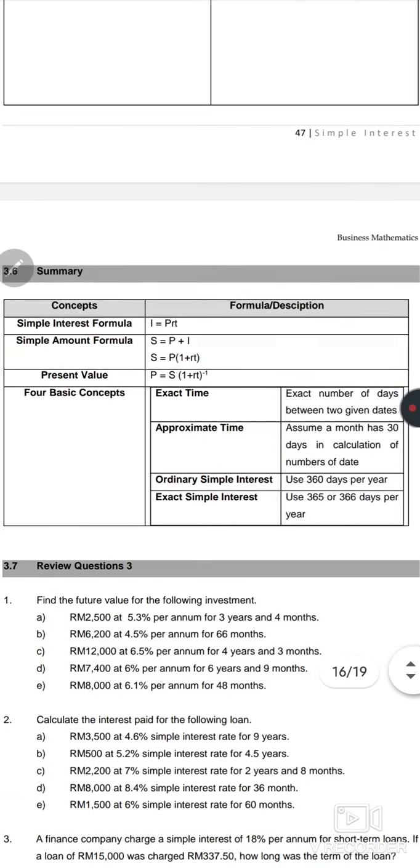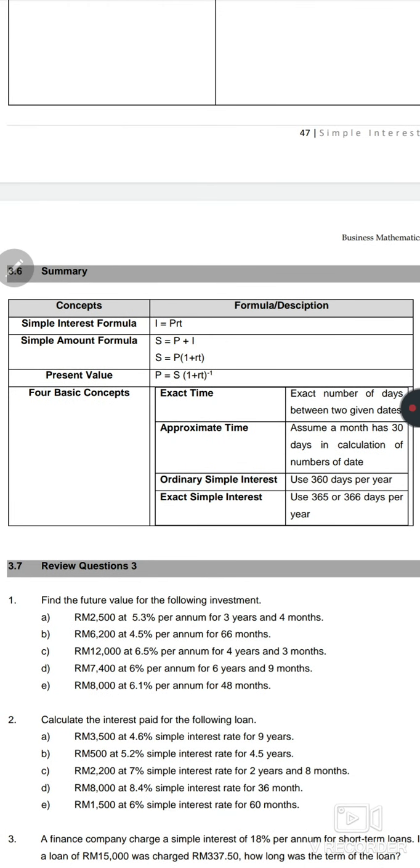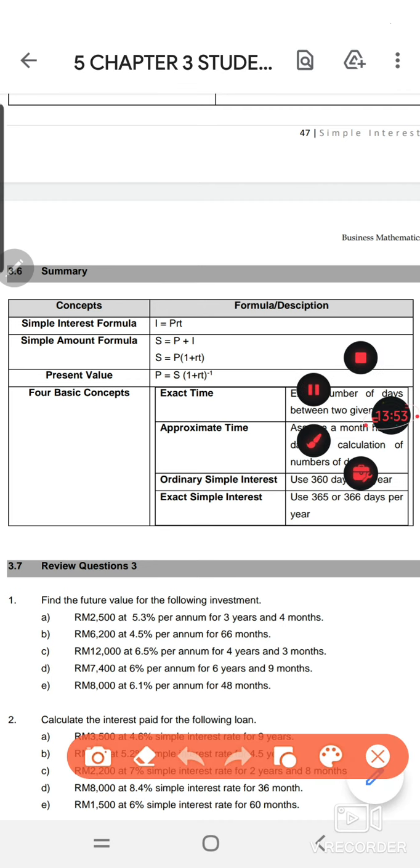Okay, so for summary, chapter 3 simple interest. Okay, so we know that simple interest formula is I equals to PRT. Maksudnya interest kat sini awak boleh kira interest guna formula ni.